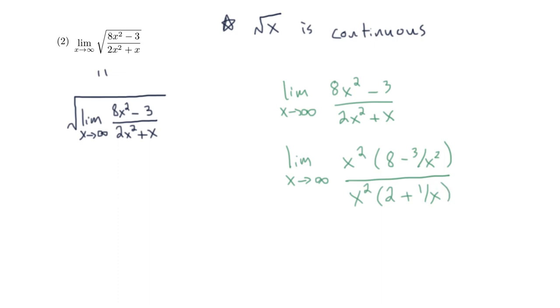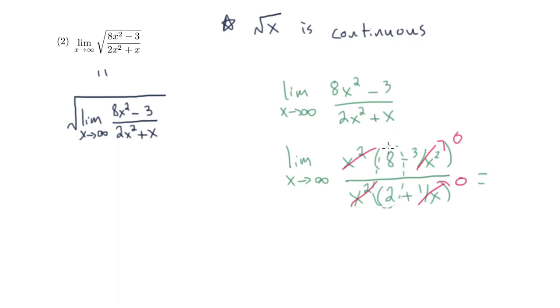And these reciprocal powers of x are going to go to 0. I can cancel the factors of x squared because I'm assuming that x is going to be far away from 0, so x is not going to be 0. And so what I get is that this is just the limit as x goes to infinity of 8 over 2.